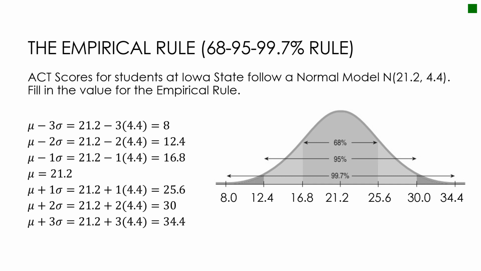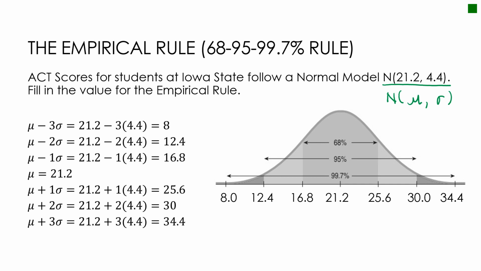So if we were to do this by hand, and I just basically copied over from when we learned this in Chapter 5, we had that ACT scores for students at Iowa State follow a normal model, and the normal model is given like this. And remember, when it's given in that format, that means the first value is the mean, and the second value is the standard deviation.